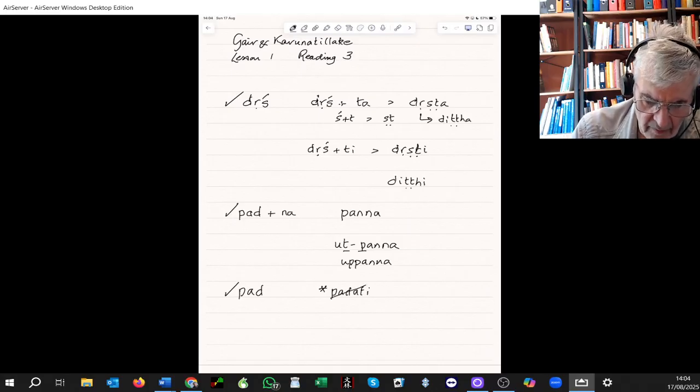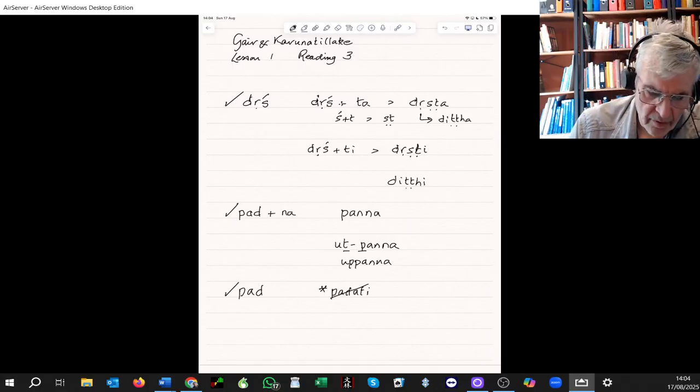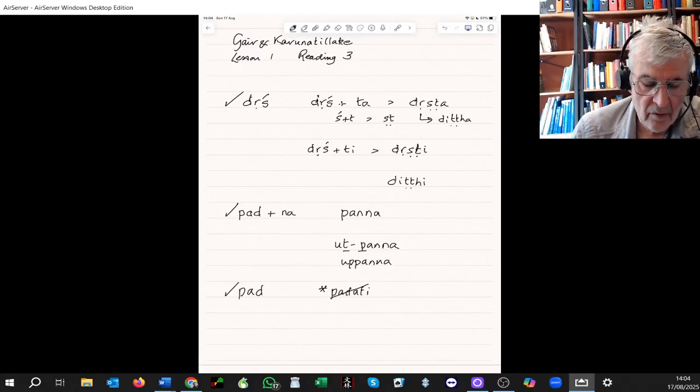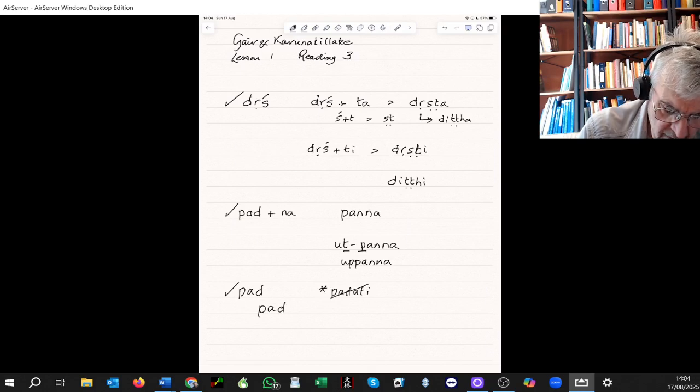It's not that. If this is a class 4 verb, as they're called, what happens with a class 4 verb? They conjugate exactly like the class 1 verbs, which is the most common type of verb, but with the insertion of a y before the thematic a of the root. So you make the present stem as not pada but padya. Padya. This is in Sanskrit.